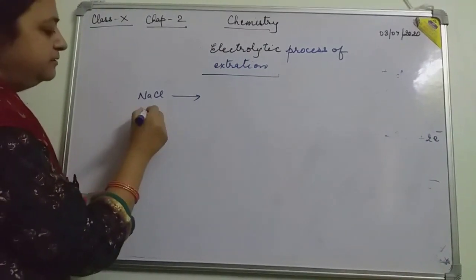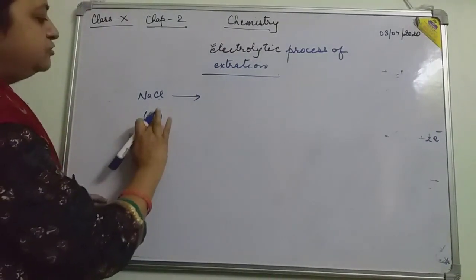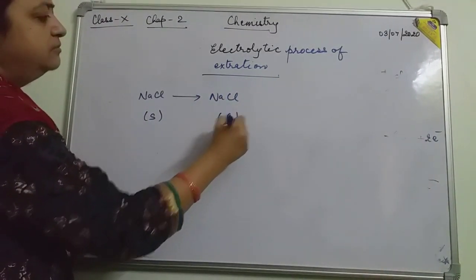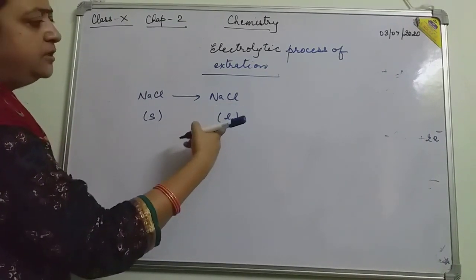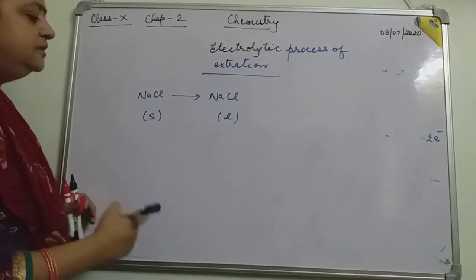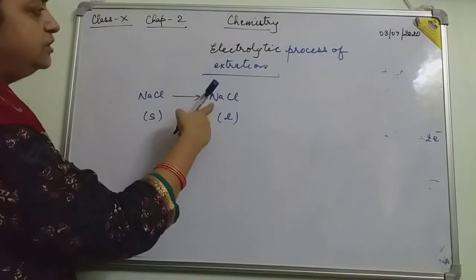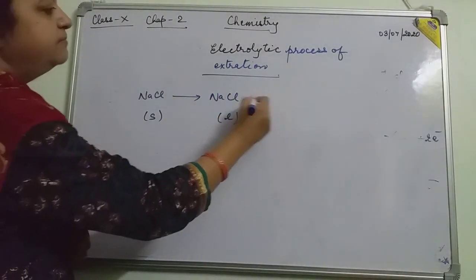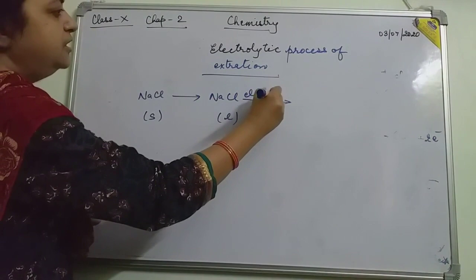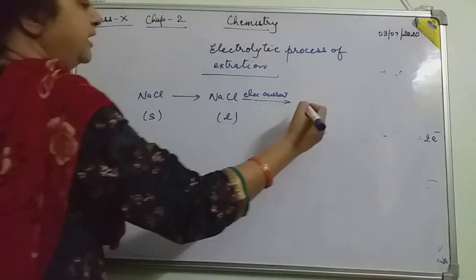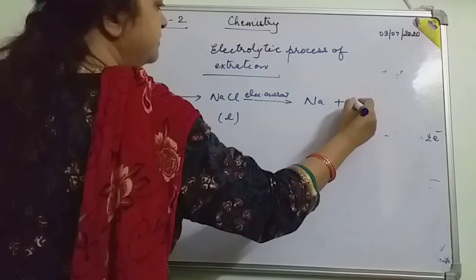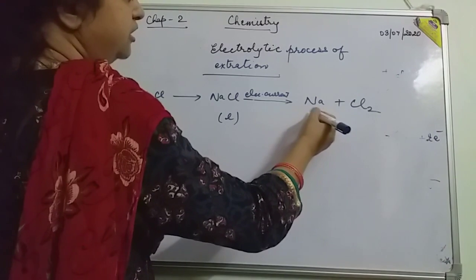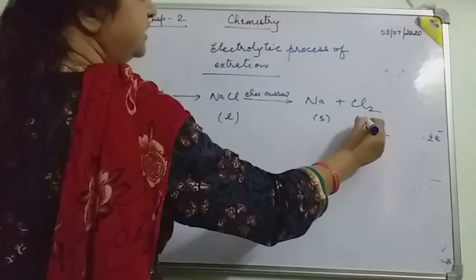First make solid sodium chloride into liquid sodium chloride, by melting it at its melting point. Then when electric current is passed through this sodium chloride, sodium is separated out and chlorine is separated out. Solid sodium and chlorine as gas.